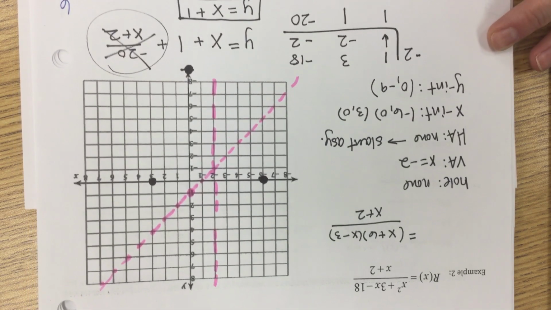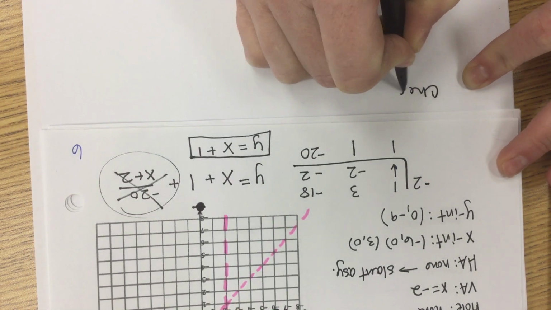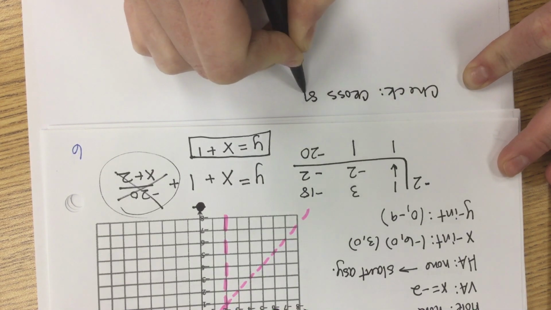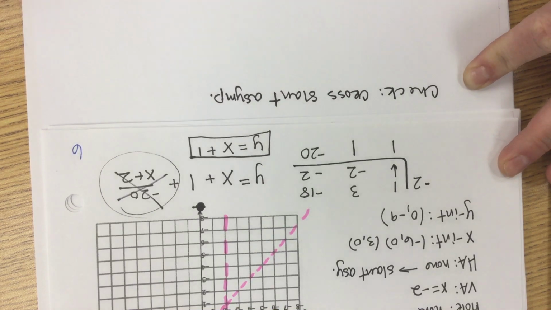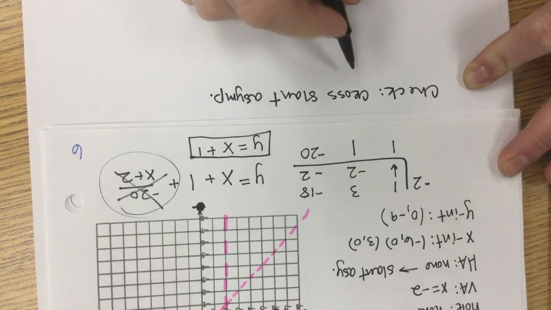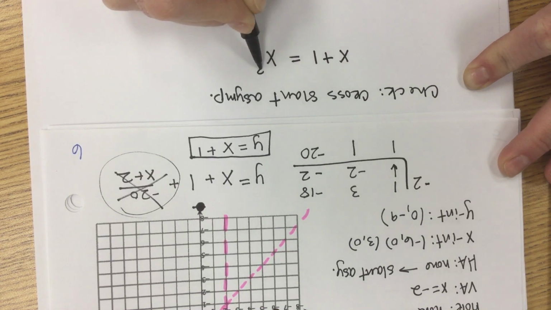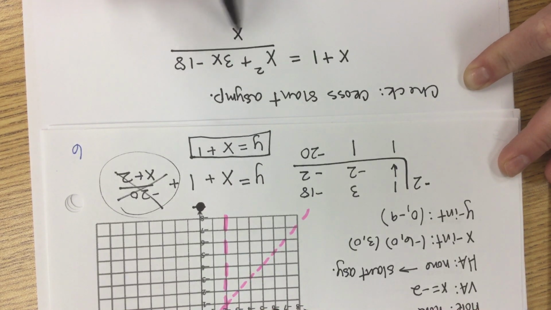Well, what we're going to do here, in order for us to see if I'm going to cross the slant asymptote, is I'm going to set my function equal to my slant asymptote. And yes, it's easier to use the original as long as there were no holes.